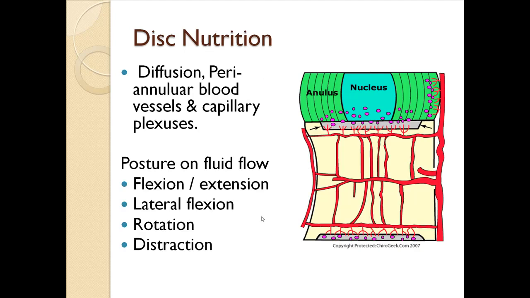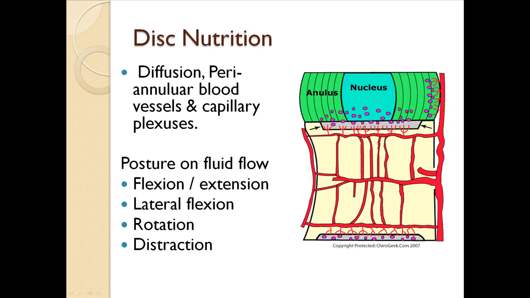Nutrition of the disc is also very poor, so injury to the disc often leads to a very poor result in terms of repair. It gets most of its nutrition via diffusion through the vertebral end plate itself, so we can see here diffusion occurring through the vertebral end plate. The periphery of the disc has a small capillary supply, which can lead to adequate nutrition of the annulus, but it isn't a good blood flow at all.